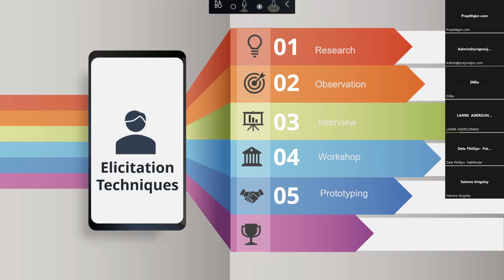You could either stay and just observe quietly, or you could ask questions as you observe and say, oh, okay, what is this? Oh, okay, so this is how you do it. So you are seeing how the users of the product are working firsthand.